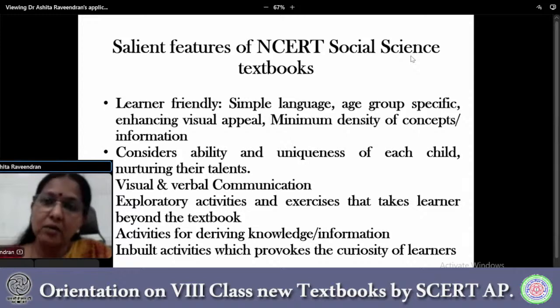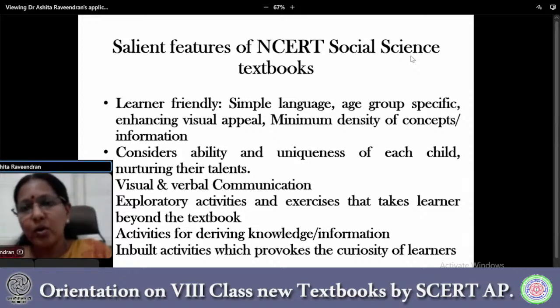They will have to find out for themselves what it means and how that can be undertaken. And then there are also activities from which they can derive knowledge or information. When I was speaking about the many pictures being given, you are asked: from this picture, what ideas do you get?